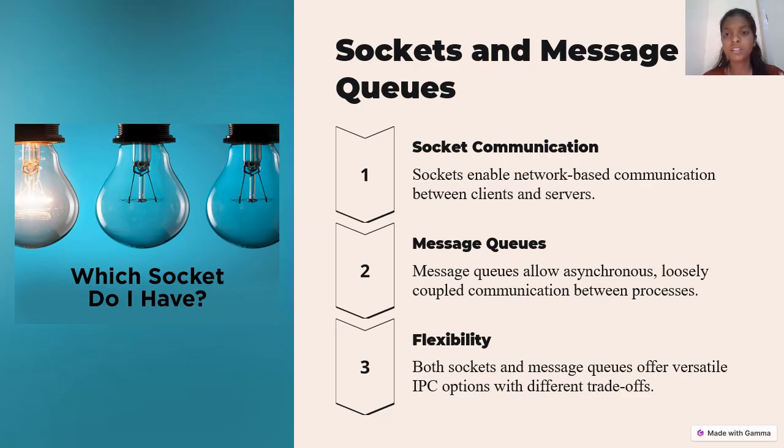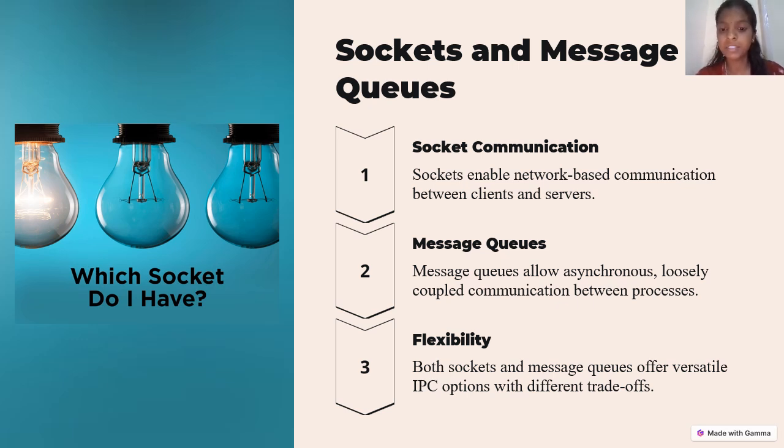Next are sockets and message queues. First is socket communication. Sockets enable network-based communication between the clients and the server. Whatever the clients and servers talk about goes through the socket communication. So it mainly links the clients and the server. Next is message queues. Message queues allow asynchronous, loosely coupled communication between processes.